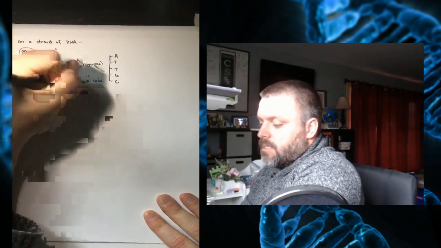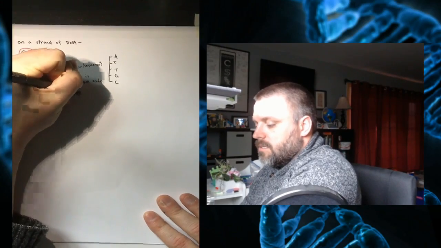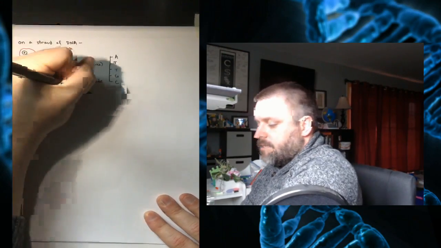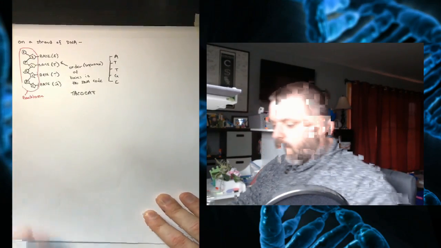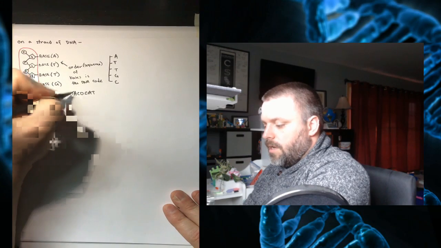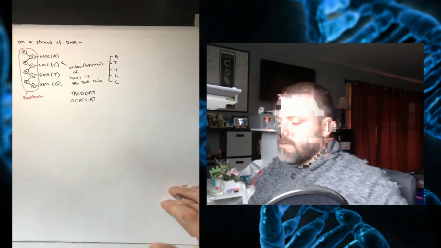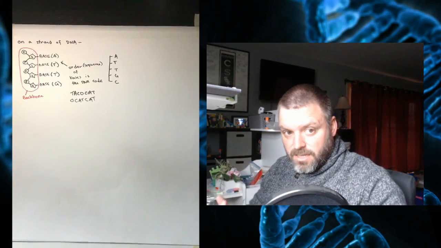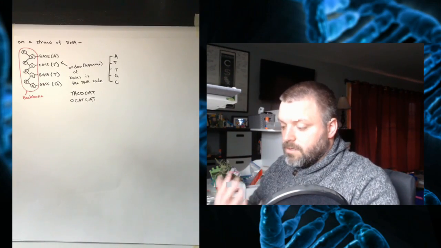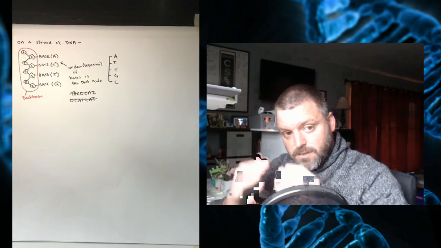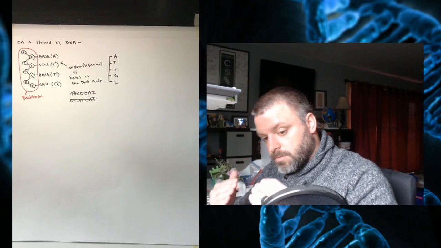Just like in the English language, cat can mean one thing, but then you can change the order and it means something a little bit different. So it's just like that. The order is where the code is. You change the order, you change the code. So that's the first thing that's important. That sequence right there is the most important part.